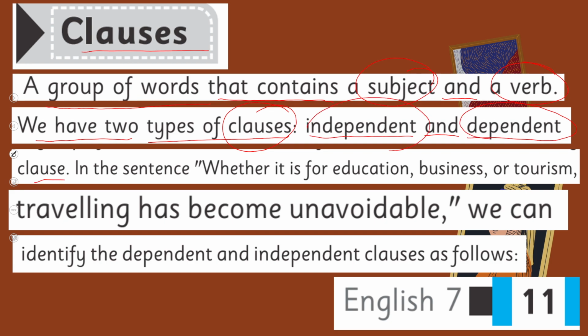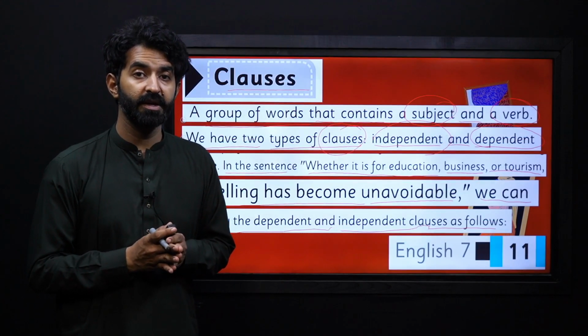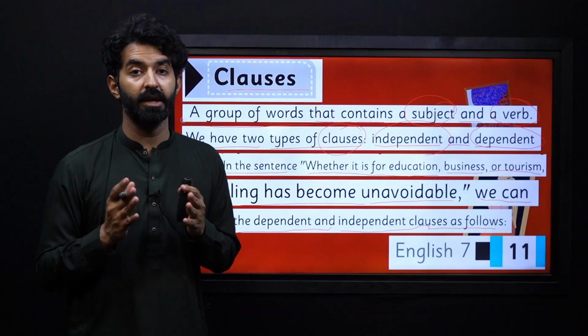In the sentence, whether it is for education, business or tourism, traveling has become unavoidable, we can identify the dependent and independent clauses as follows. The chunk that we have read from the lesson has both a dependent and an independent clause.